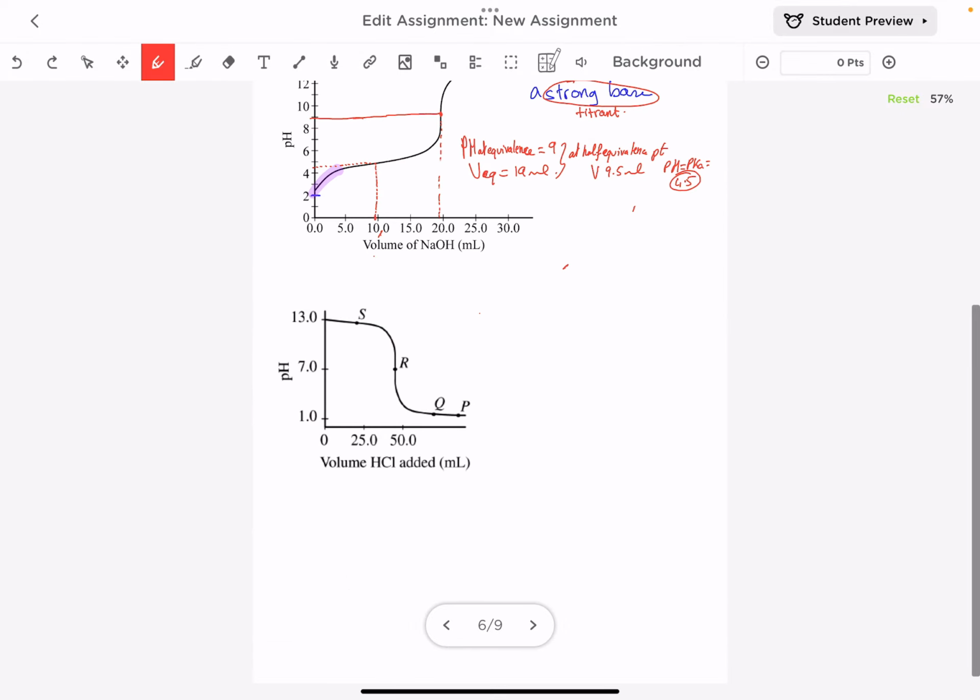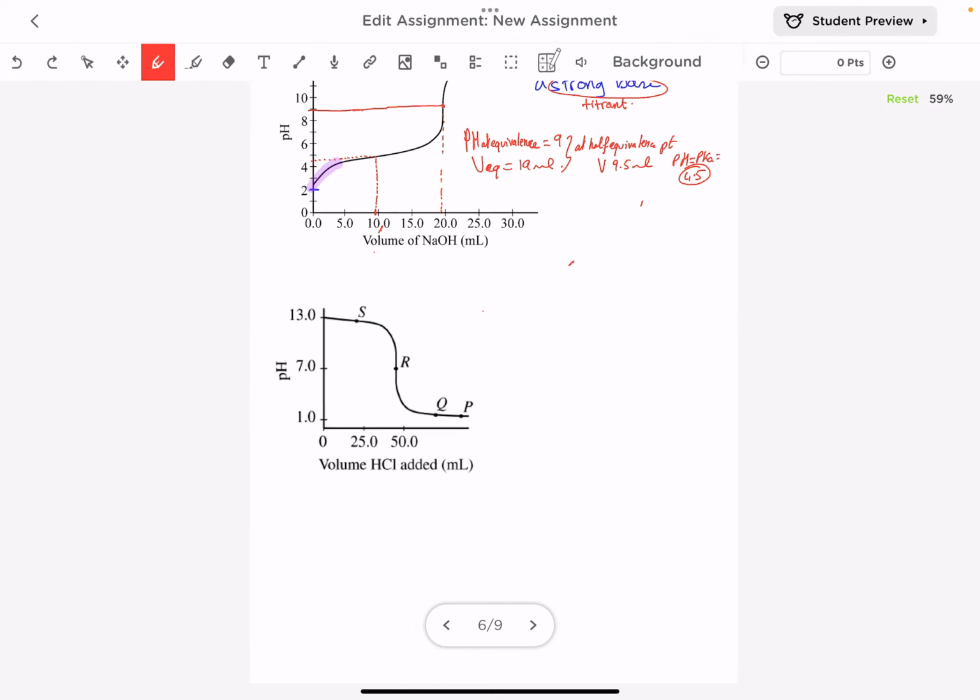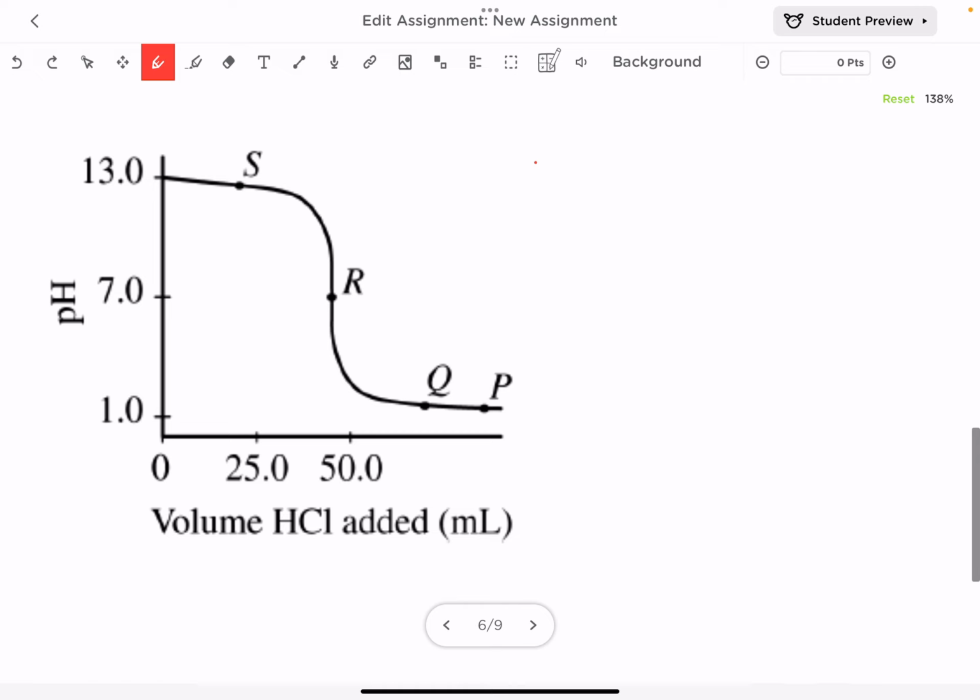Now let's take the last example. Looking at this graph, here we have a pH starting from up and decreasing. So we are titrating a base with a strong acid.